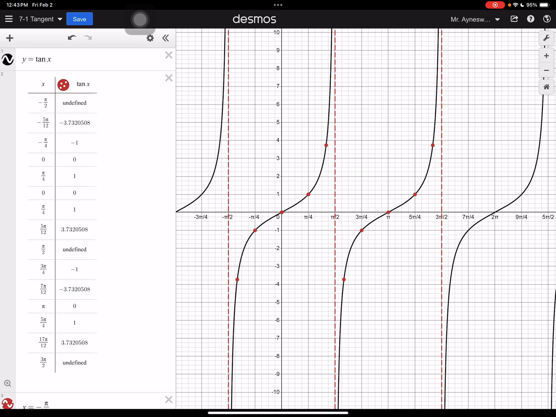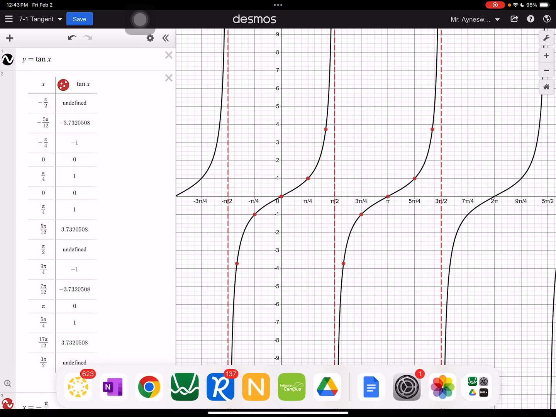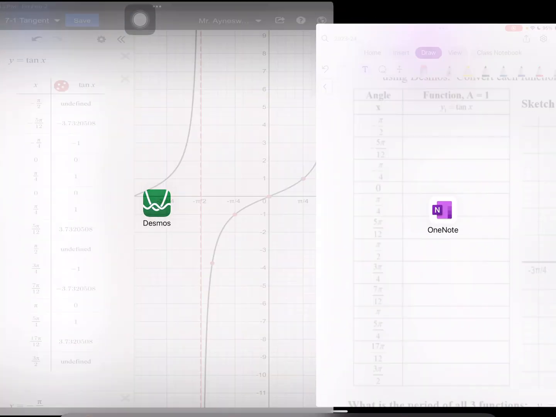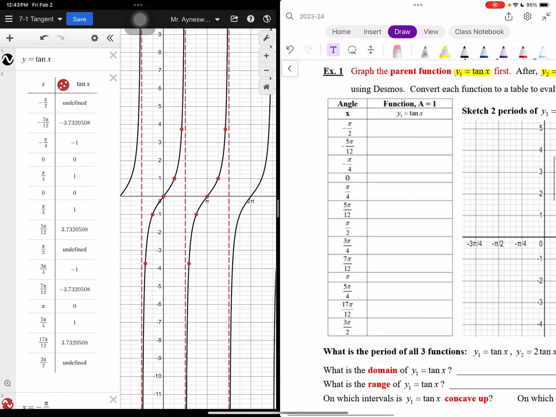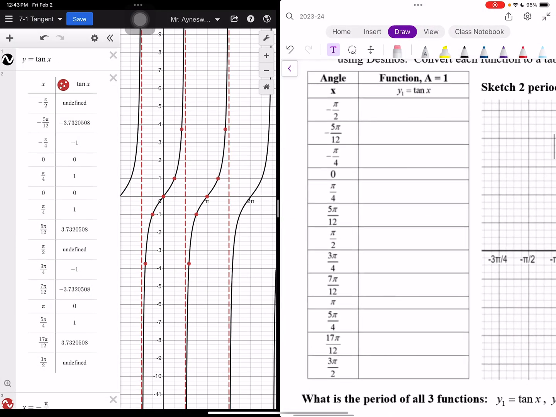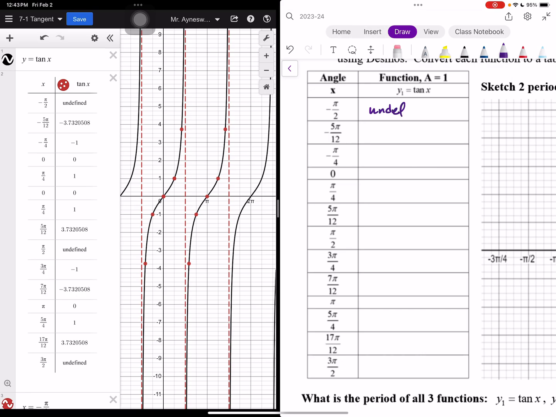All right, so let's go ahead and let's bring our lesson back, and let's write down a few things. Okay, first thing, we got to bring in our numbers here. So let's record our values. So at negative pi halves, it's undefined there. Okay, we have a vertical asymptote at x equals negative pi halves, so record that.